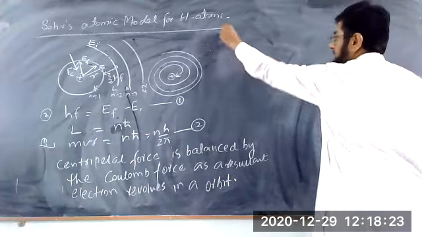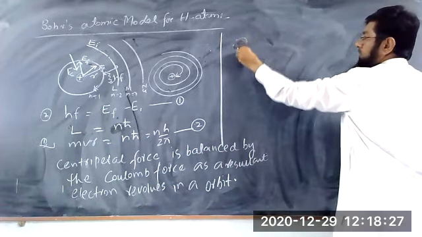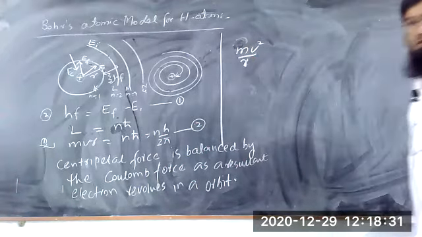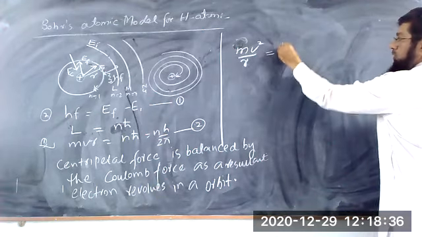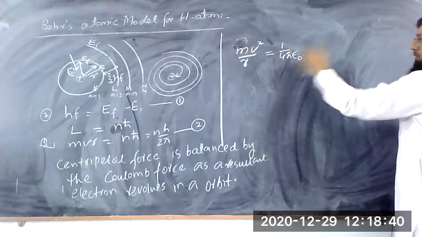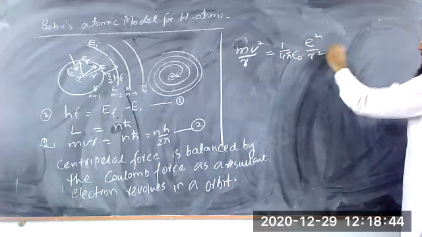So the centripetal force Fc is equal to mv square over r, and the centripetal force is balanced by the Coulomb force, which is equal to 1 upon 4 pi epsilon naught, e square upon r square.